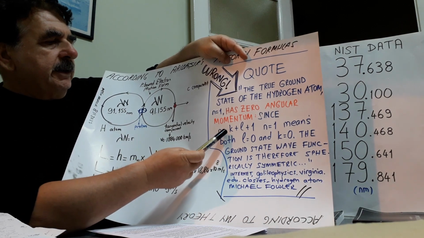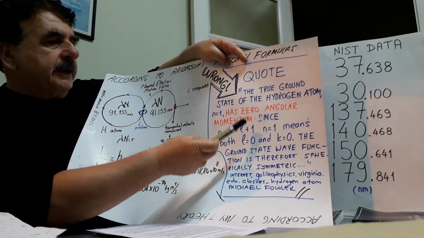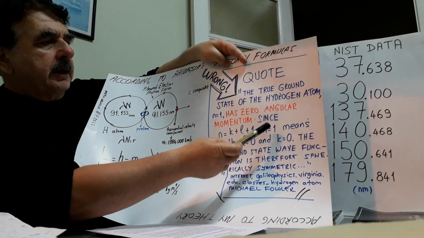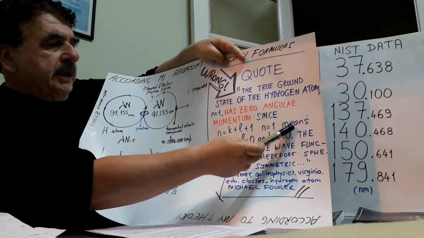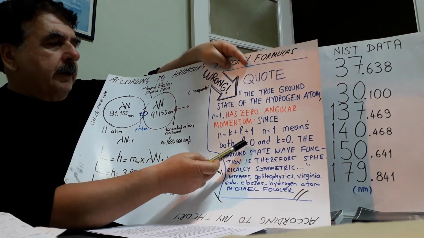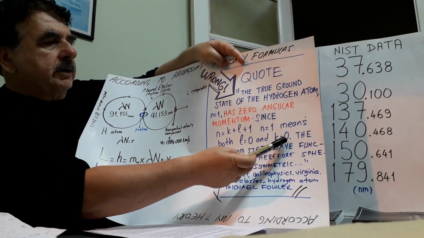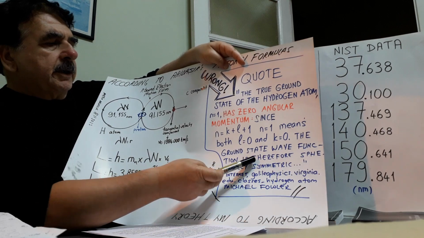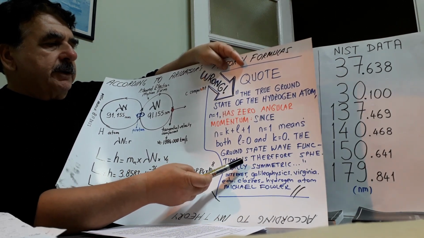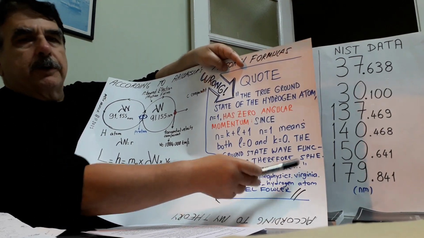Since n is equal to k plus l plus 1, n equal to 1 means both l equals 0 and k equals 0. The ground state wave function is therefore spherically symmetric."